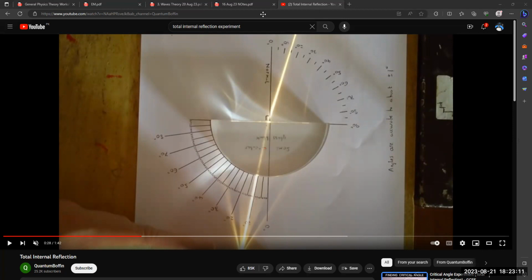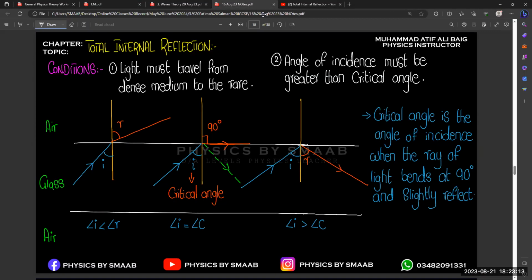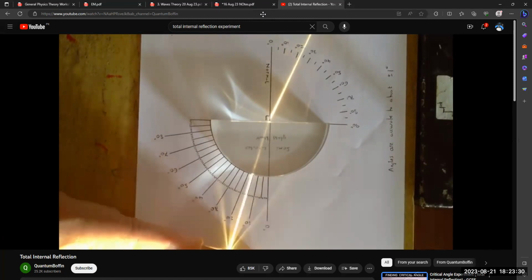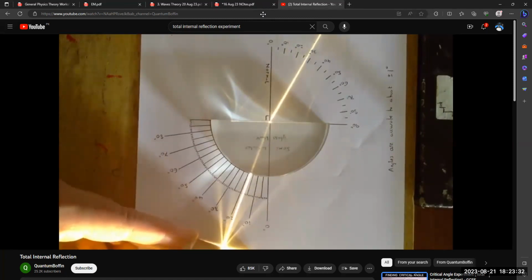That is the first situation that we discussed in our diagram. If we consider the second part, further increasing the angle of incidence will automatically increase your angle of refraction.